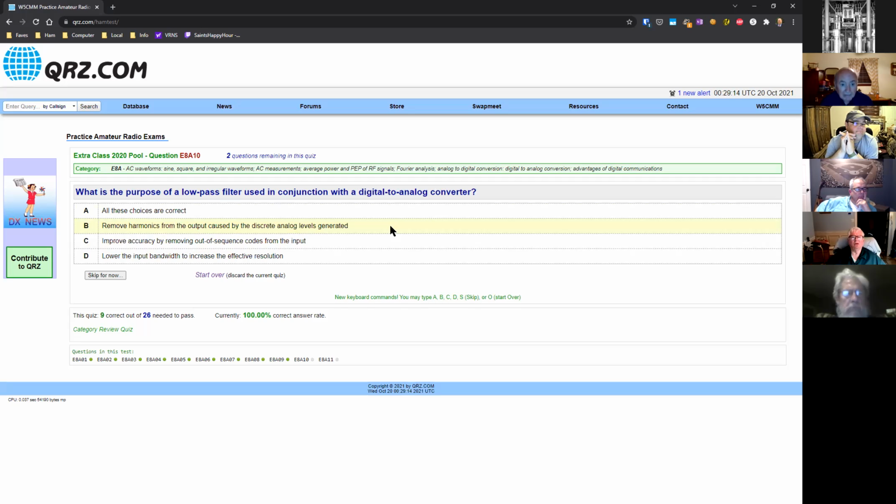What happens a lot of times is that the digital to analog converter, you remember from last week, needs to operate at least twice the frequency of the highest frequency that it's going to be able to convert. But because of that, you also get some artifacts outside the bandwidth that you're interested in, at higher frequencies. So to remove those, you'll use a low pass filter.